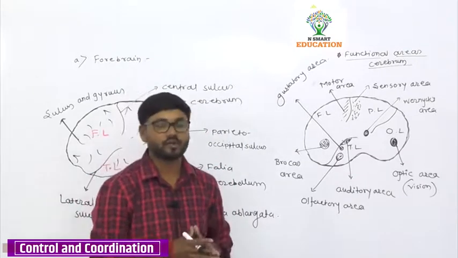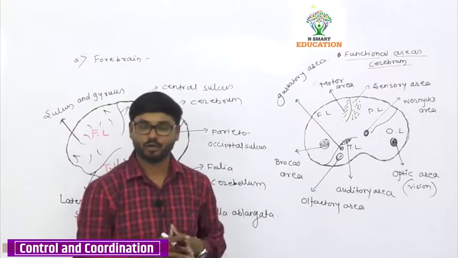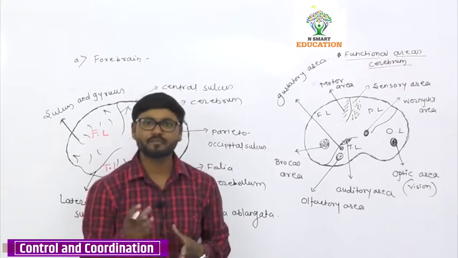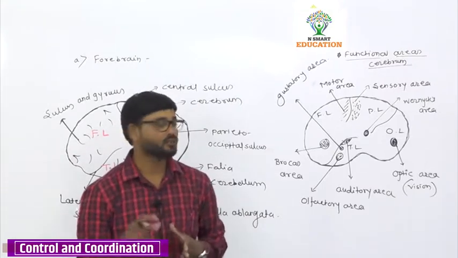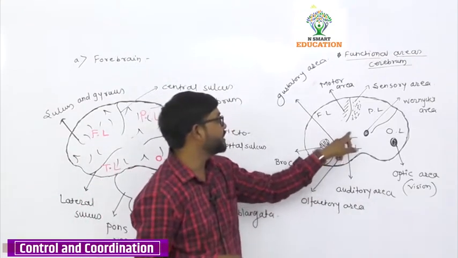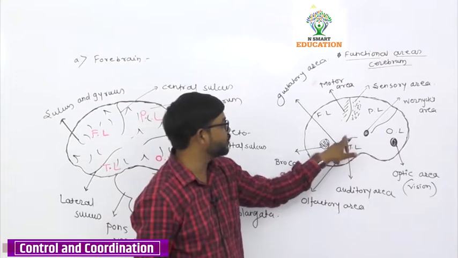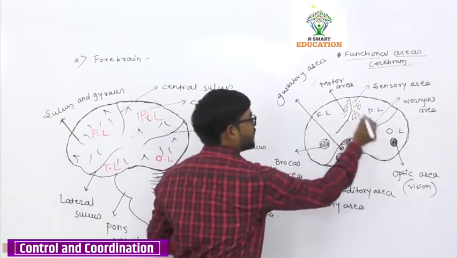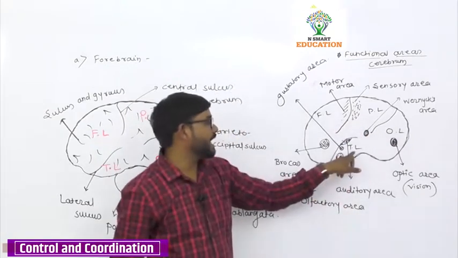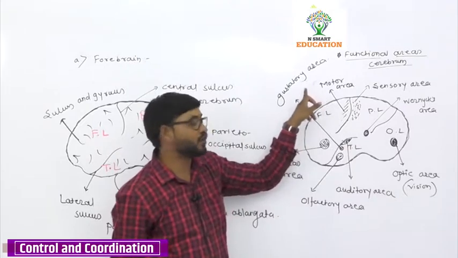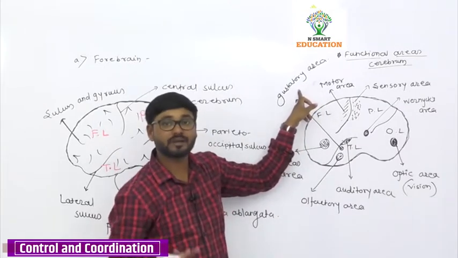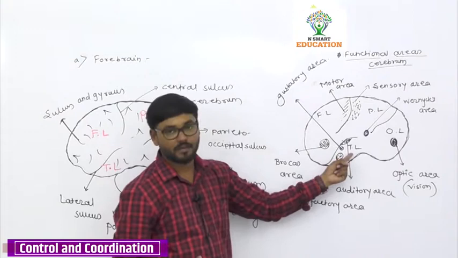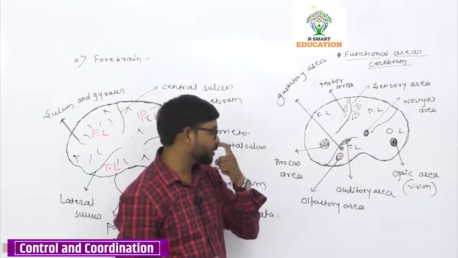For NEET and national level exams, the gustatory area is in the parietal lobe, this part. According to MHT-CET or the Maharashtra board examination, that is HSC, the gustatory area is present in the temporal lobe.